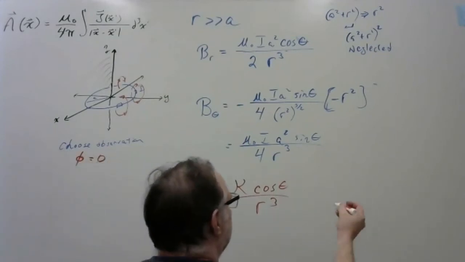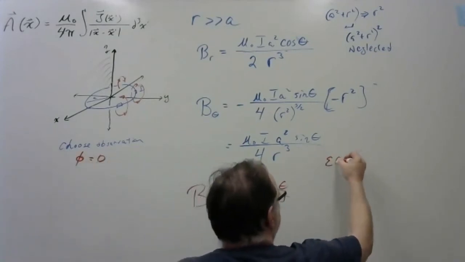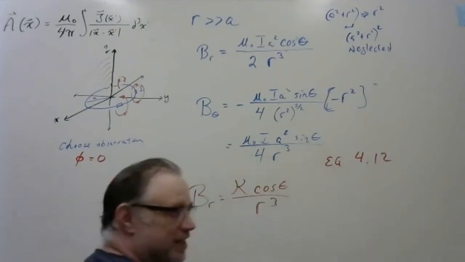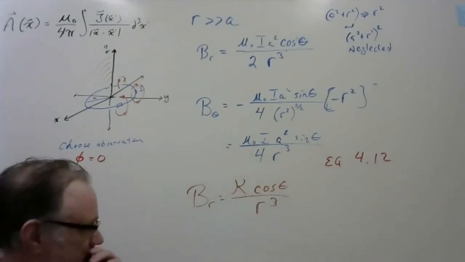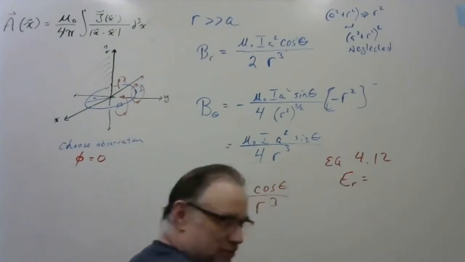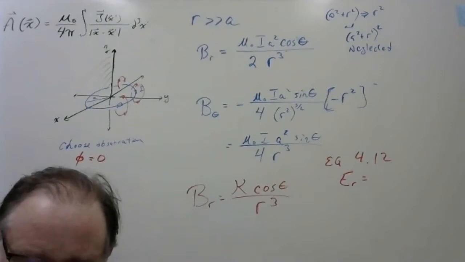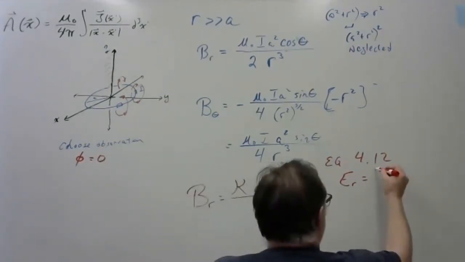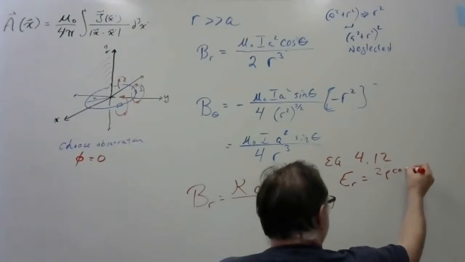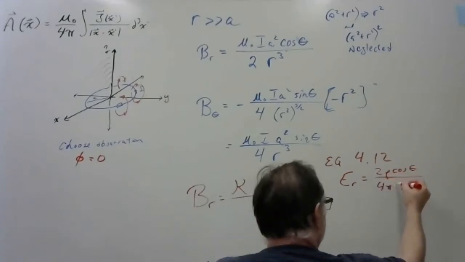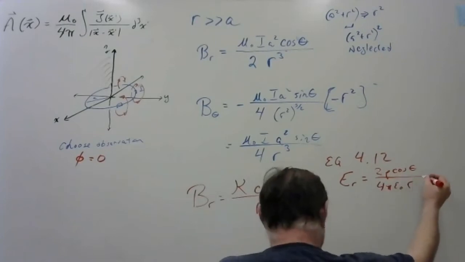Here's equation 4.12. If we look at 4.12 and 4.13, they have the dipole electric field. With the dipole, you had E sub r equal to 2p cos theta over 4 pi epsilon naught r cubed, okay?